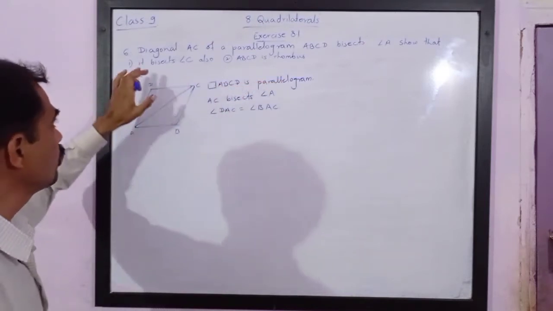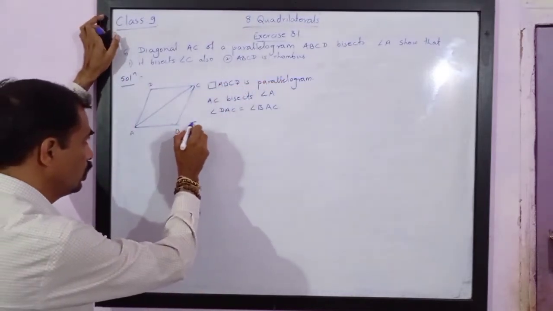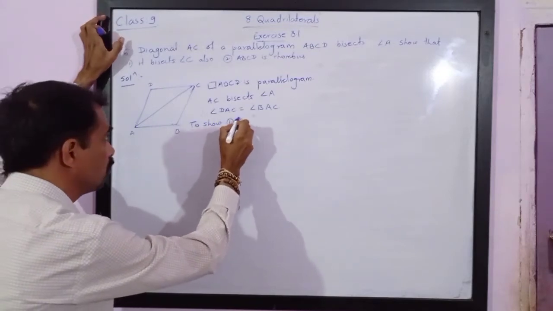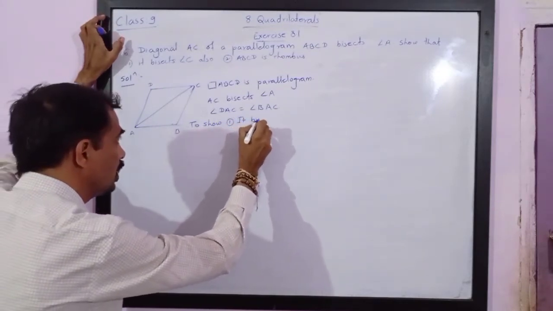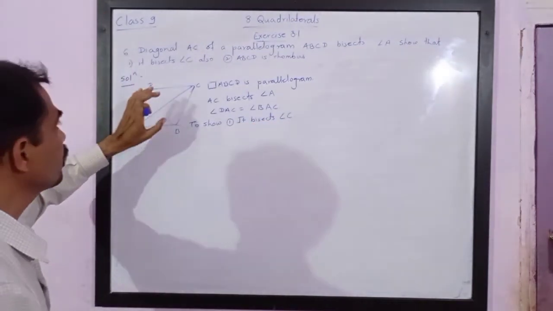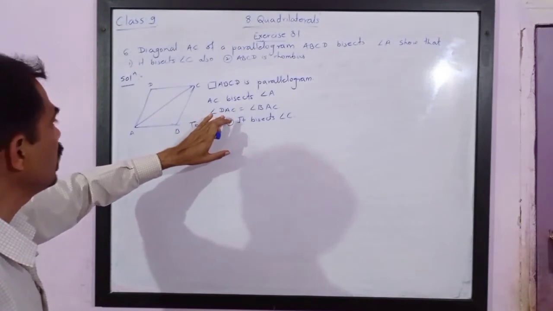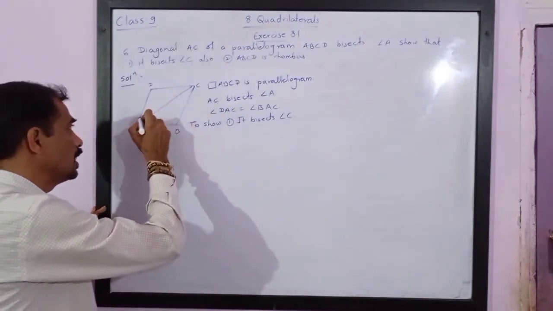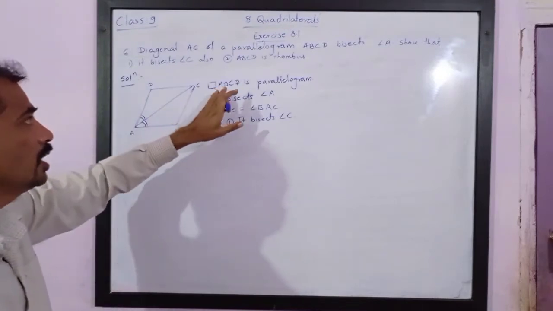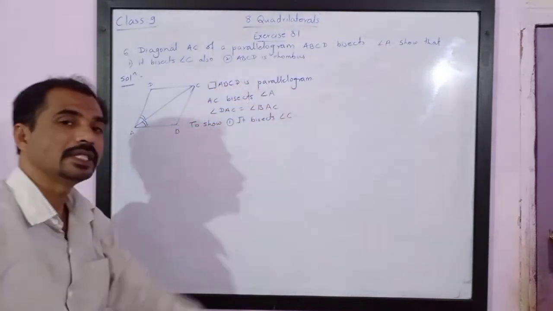We have to show the first part, that it bisects angle C. Now see, we are given DAC equals BAC, that is these two angles are equal, and we are given quadrilateral ABCD is a parallelogram.